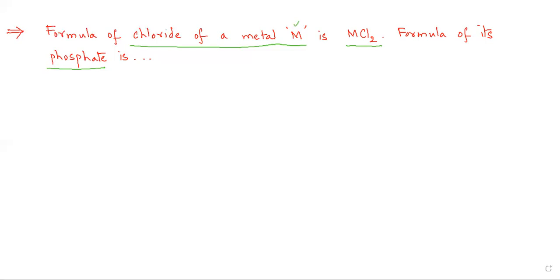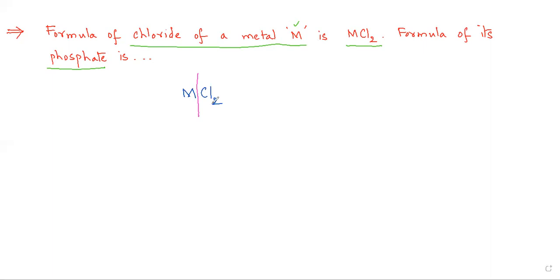Let us see how to solve this. It's very simple. Listen to me carefully. You know the formula of metal chloride is given as MCl2. Now from this we should actually get the valencies of M and chlorine. Very much easy. Cut it first as cation and anion.